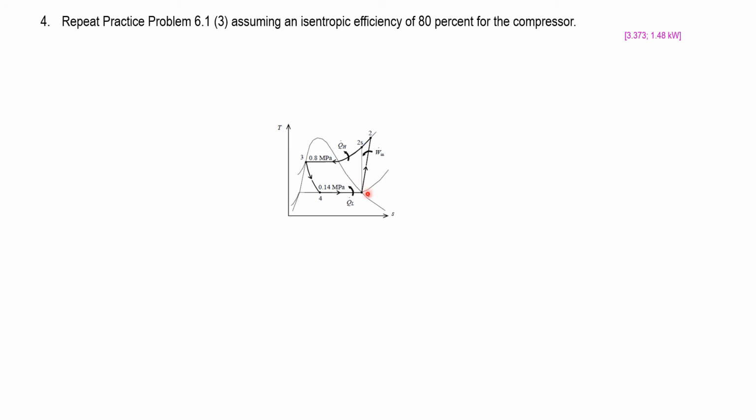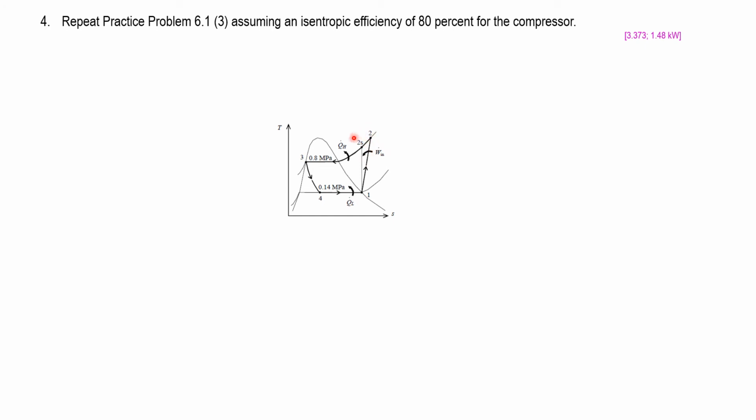So this is the actual path, and this is the isentropic path of the compressor. So it deviates by this much. The isentropic efficiency is given as 80%. Again, we will need to find point 1 and point 2.